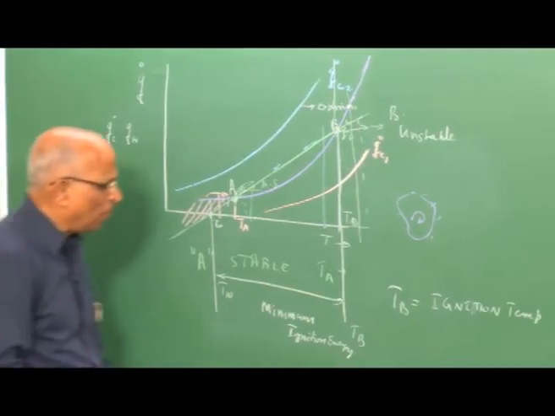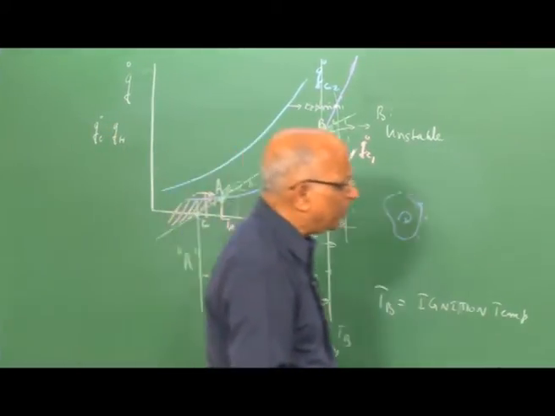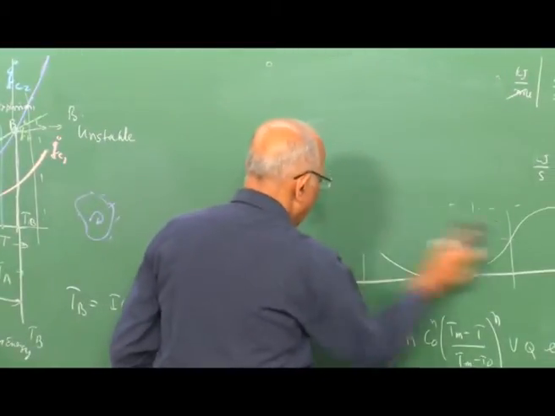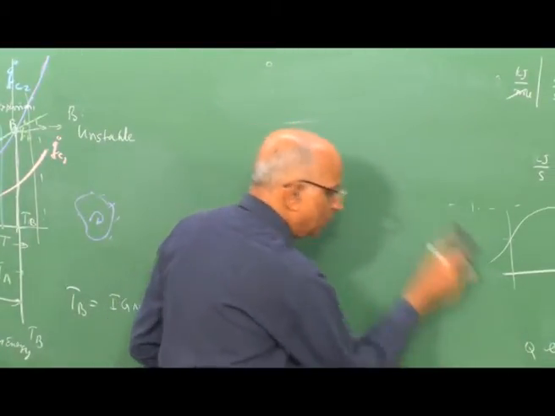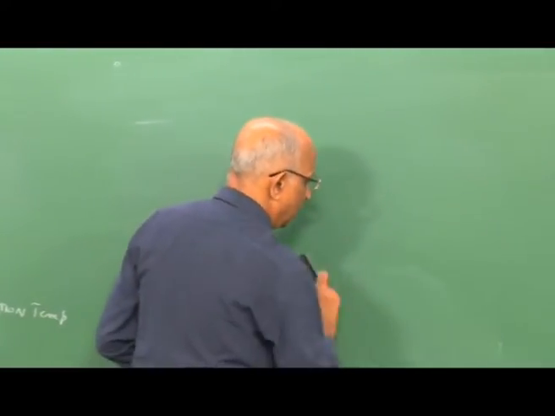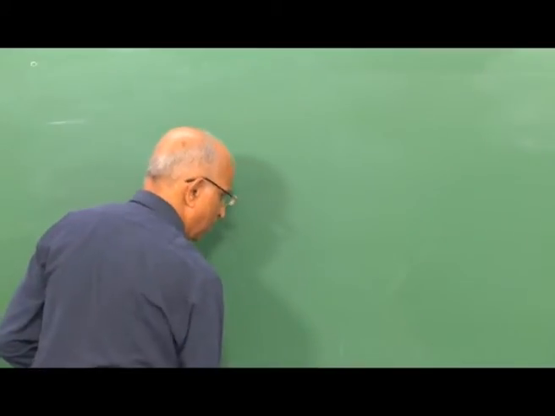Let us go one step further and see whether we can interpret it in a slightly different way, because we said, well, in the given volume, I could have different values of heat release corresponding to different values of concentration.